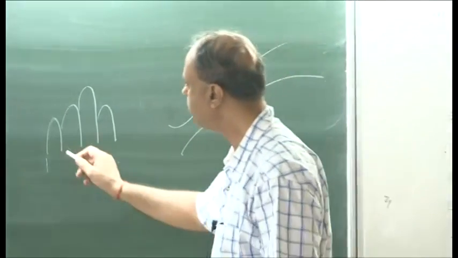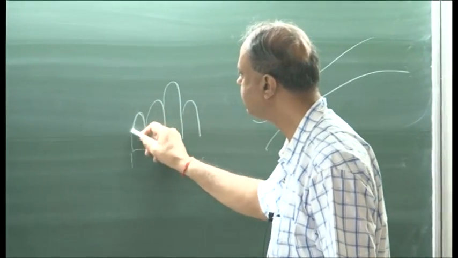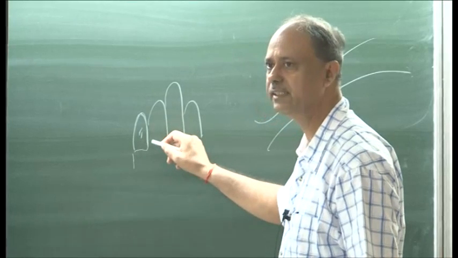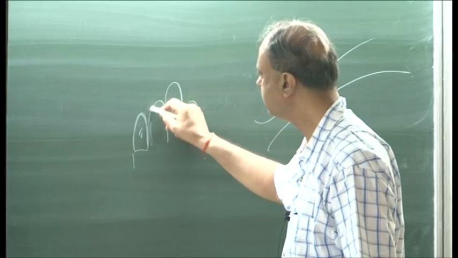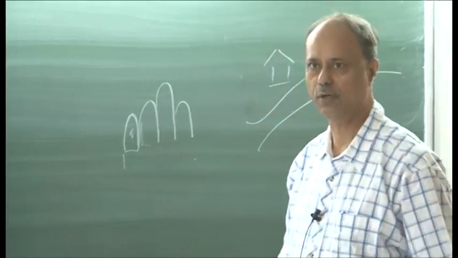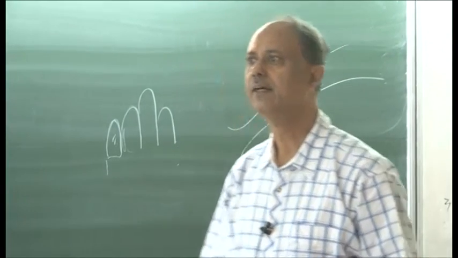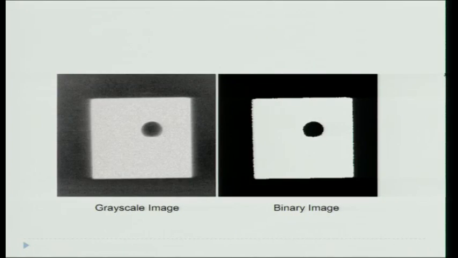To segment it, I need only this area. I don't need to see the inside of the things. I need to see this part, this part and so on. So to segment something, a binary image is very useful, because if you perform the operation on another kind of image, it will take a huge amount of time and you may create a lot of problems. See, for example, this is your binary image.